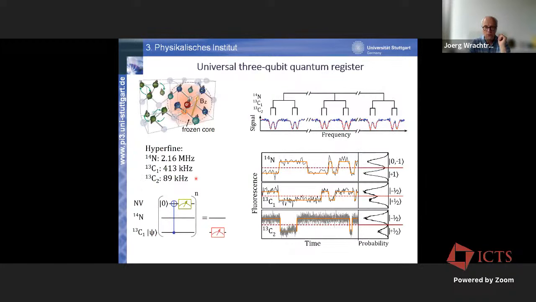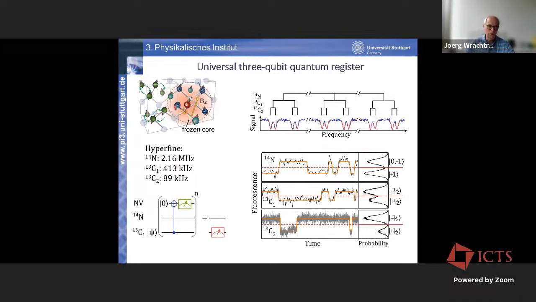Okay, so if we have our electron spin qubit, which I'm showing here on the top left corner, then this is surrounded, of course, by the lattice, which is carbon. 1% of these carbons is carbon-13, and then to this carbon-13 you see hyperfine coupling. This is actually what we were using as memory qubits in our MRI experiment.